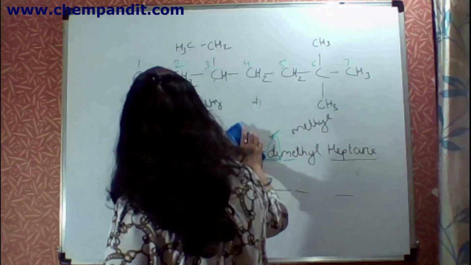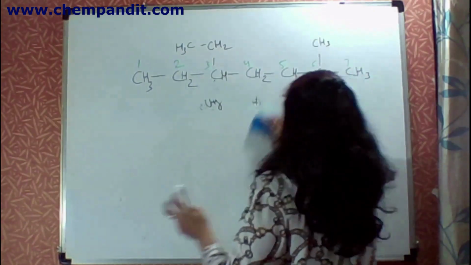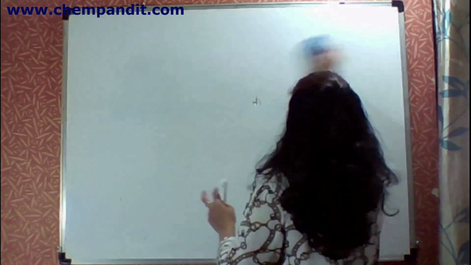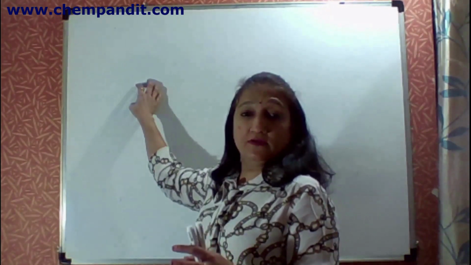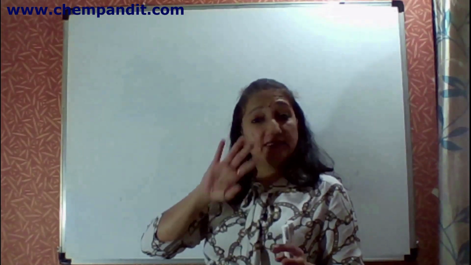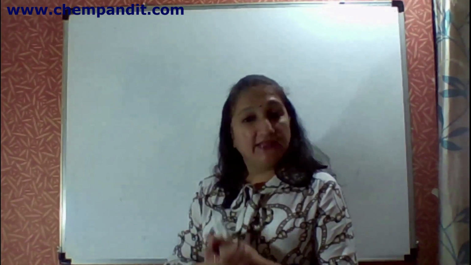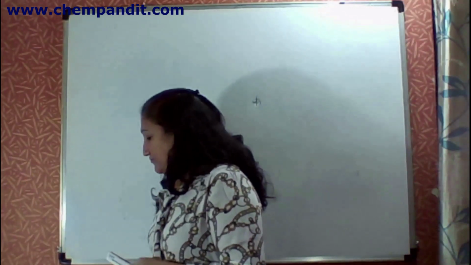Now let's move on. Now let's make this more complicated. Suppose the substituent of an organic compound is further branched. Then in that case, how are we going to name that compound? Let's take an example of this case.